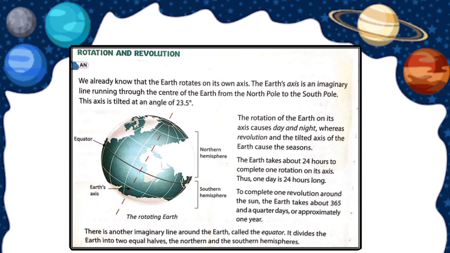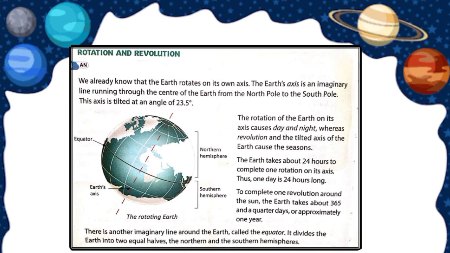Since the earth revolves around the sun and rotates on its axis at the same time, we experience seasons, day and night, and changing shadows throughout the day.